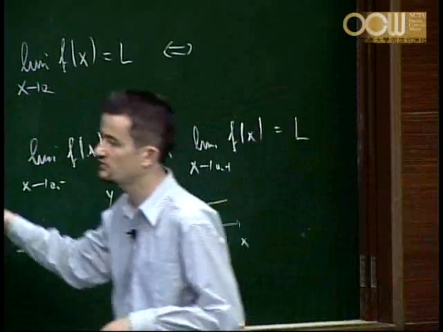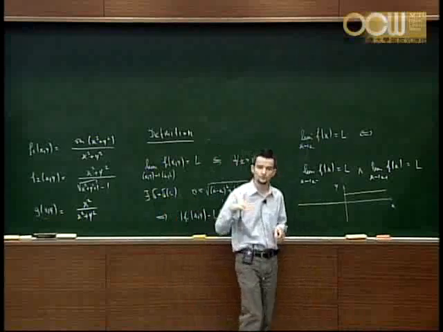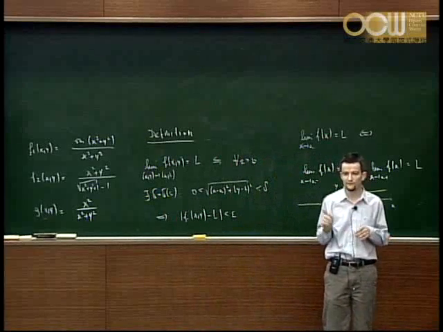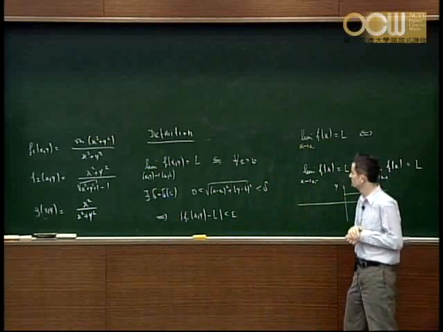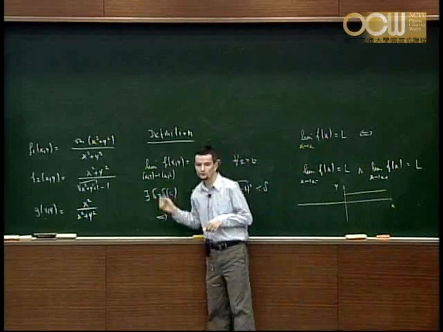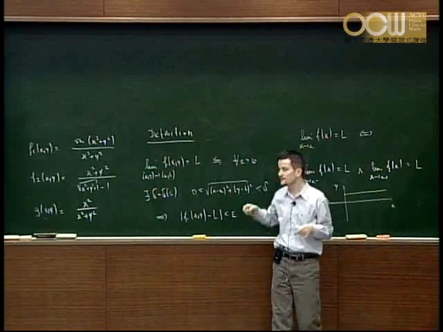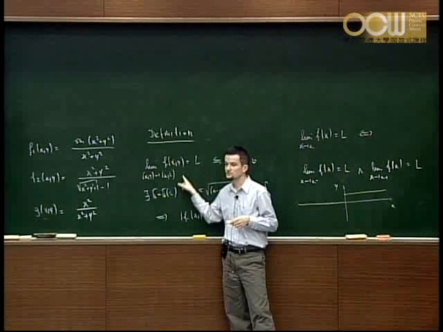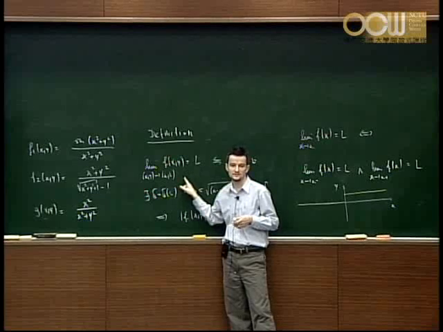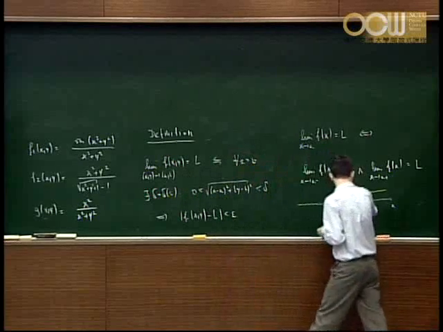The same principle you can use here, but you have much more freedom in how to choose the direction. Okay, if you find two paths, and you approach the point (a, b) along two different paths, and the limits are different, then this limit does certainly not exist. Same principle as here.